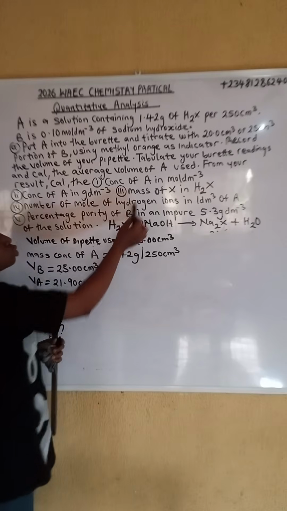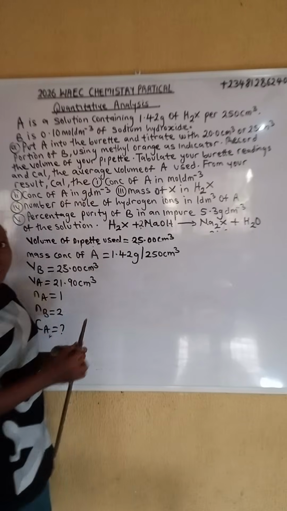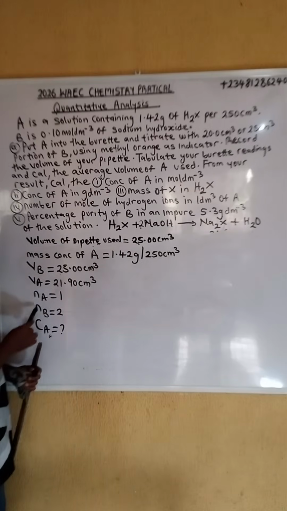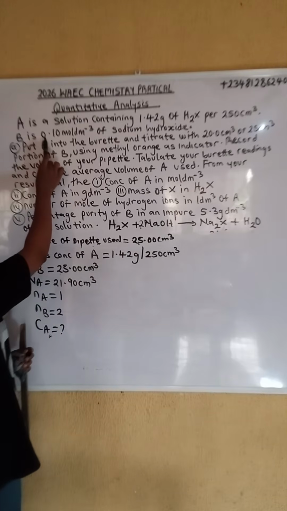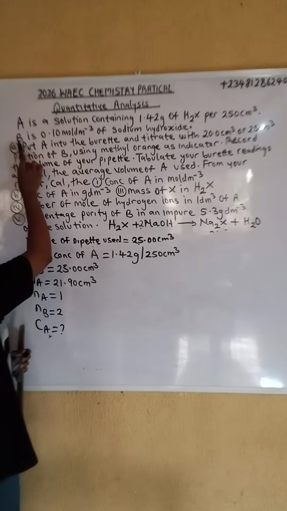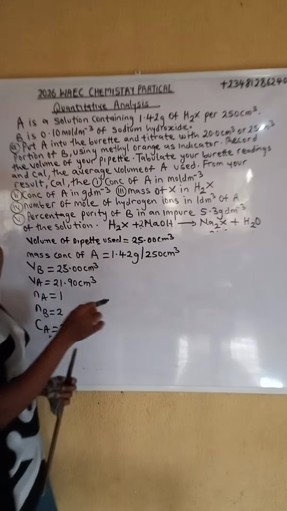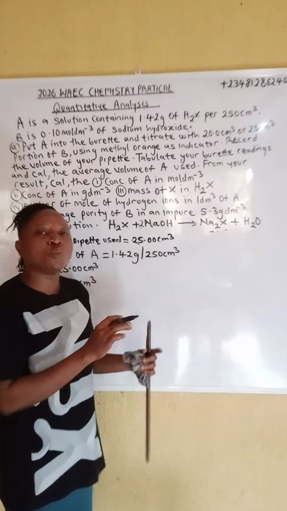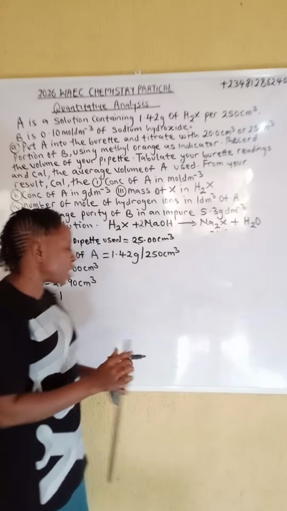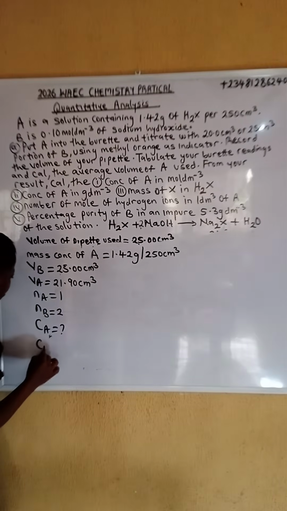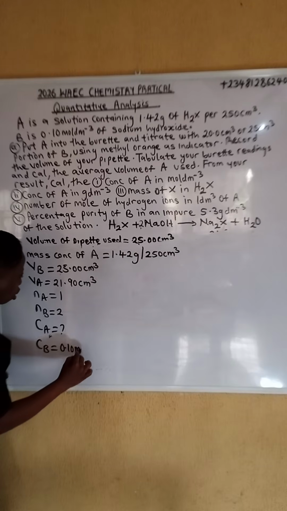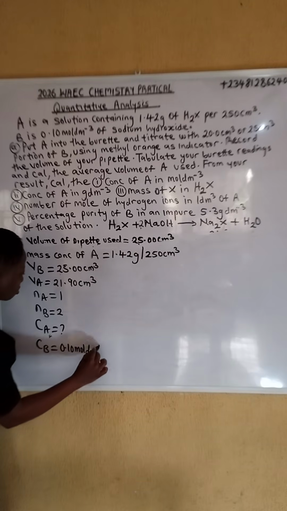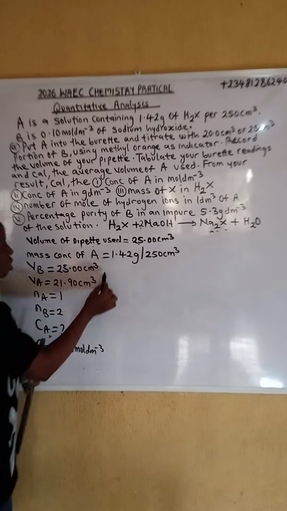Since they've given us the molar concentration of base, 0.10 mole per dm cube, the Cb equal to 0.10 mole per dm cube. Now let's proceed.